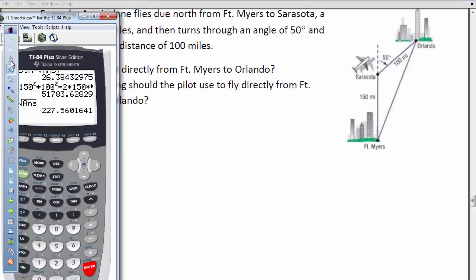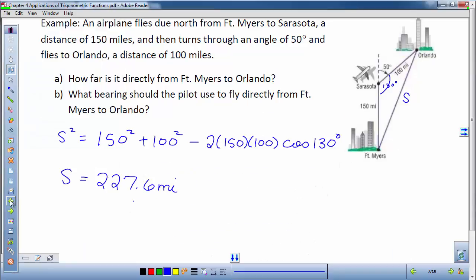What was the question? Oh, I forgot. What bearing should the pilot use to fly directly from Fort Myers to Orlando? Okay, so we said bearings were measured how? Remember we talked about that last week? We said from a north-south line, right?